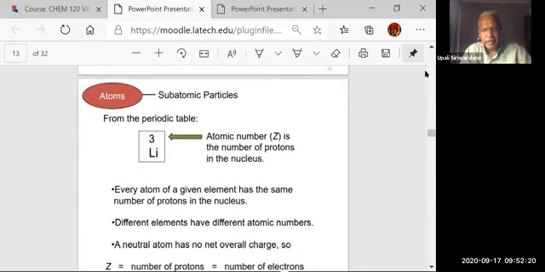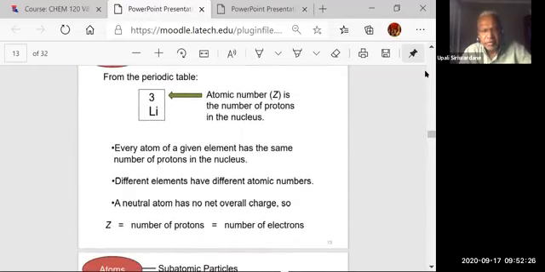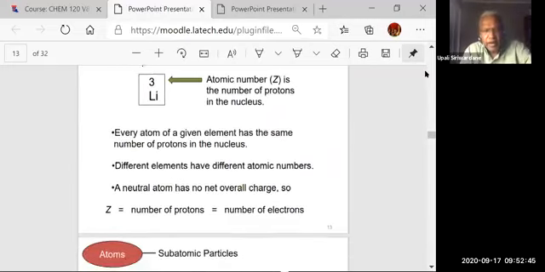Now in the periodic table, you can get information about subatomic particles. Looking at a box in the periodic table, you can see there's a number on top, which is the atomic number, the number of protons in the nucleus. Every atom of an element has the same number of protons. That's one characteristic of an atom.